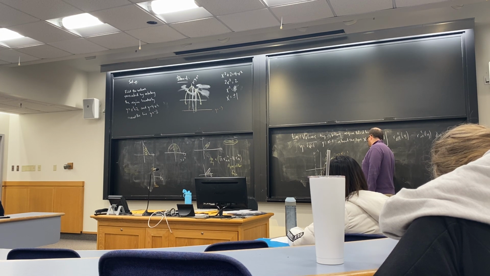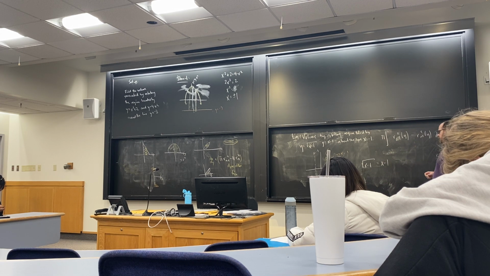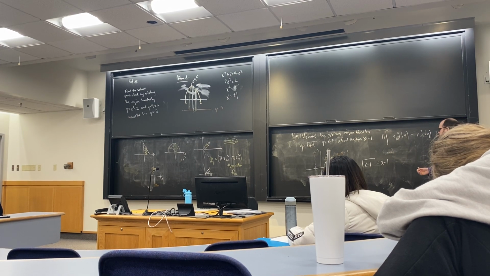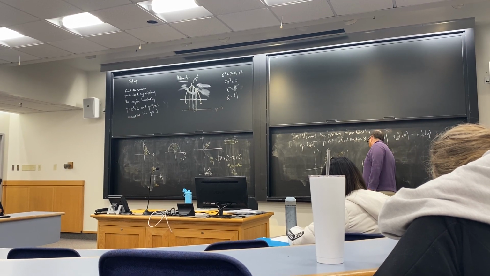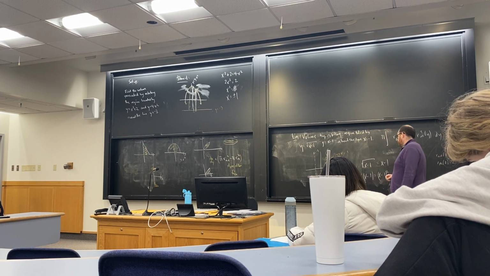Let's do the things we do. We set the y's equal to each other and find the x. So how do I solve something like this? Square both sides. If I square both sides, I get x minus 1 equals (x minus 1) squared.